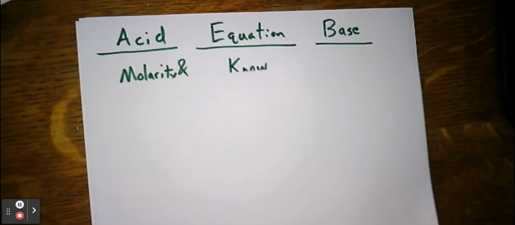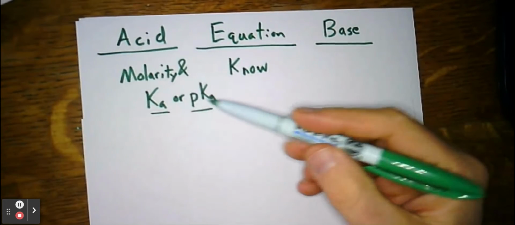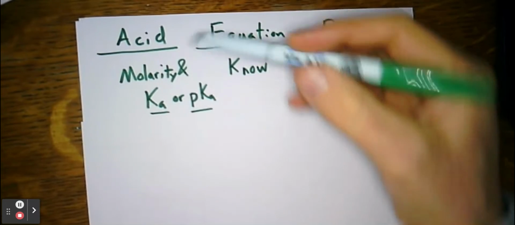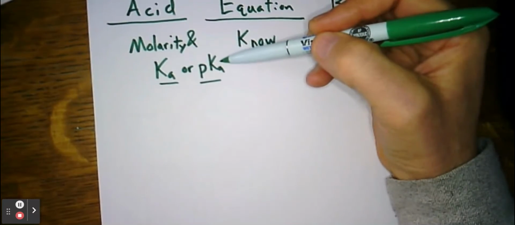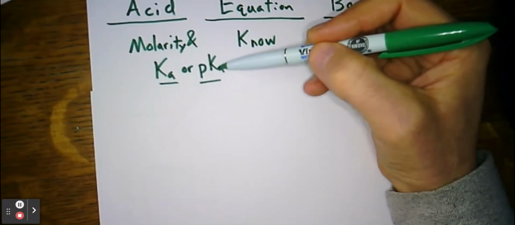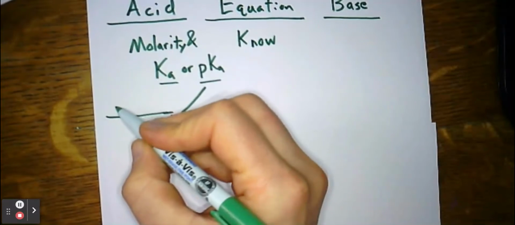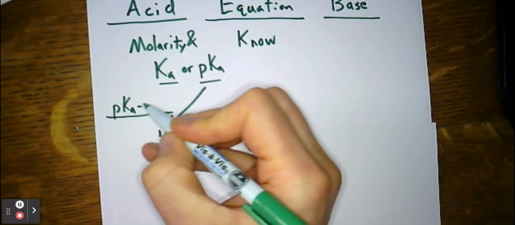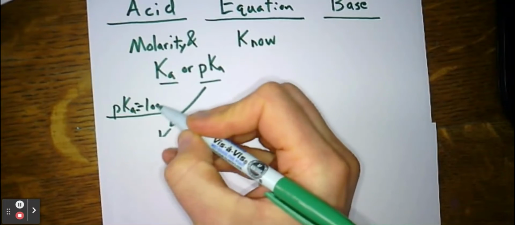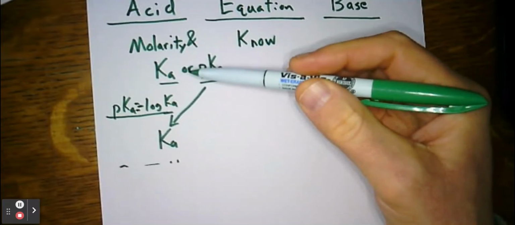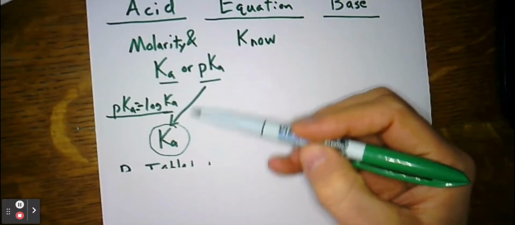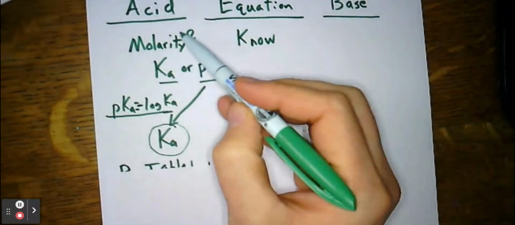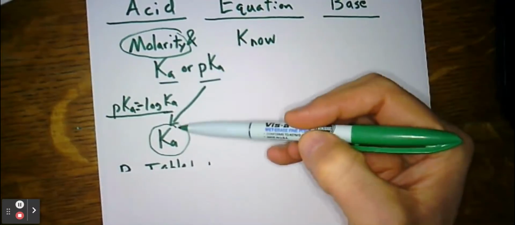Now, for an acid, you may know your molarity or your pKa. If you know your molarity and your Ka, you can go straight to your RICE table. If you're given a pKa, remember that pKa equals the negative log of your Ka, so you transfer from one to the other. I would circle the steps, the things you need.